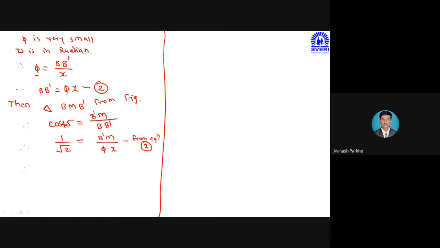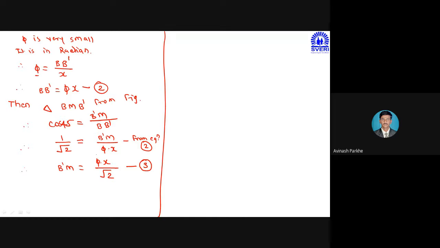Then the value of B dash M is equal to phi into x divided by root 2. This is equation number 3. What I have taken, I have to calculate the value of B dash M, so I have kept it as it is. This phi into x is present at the right side, at the denominator.